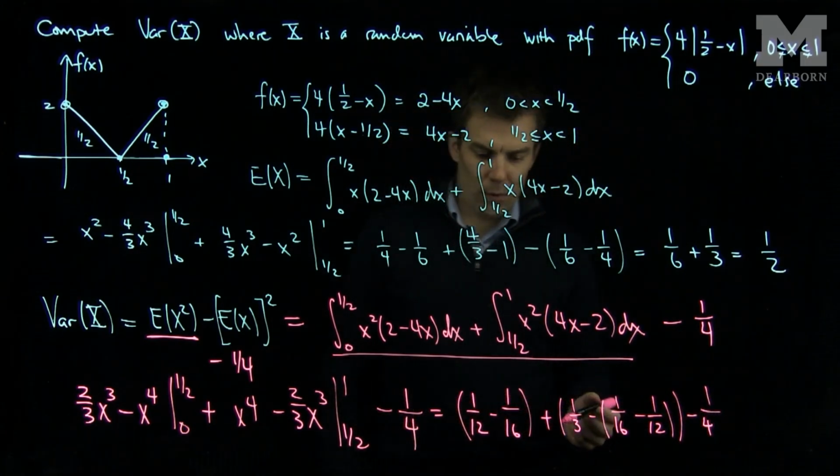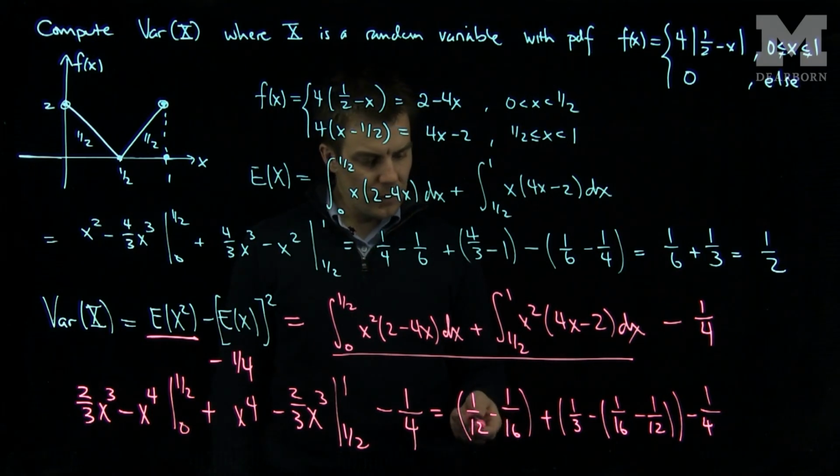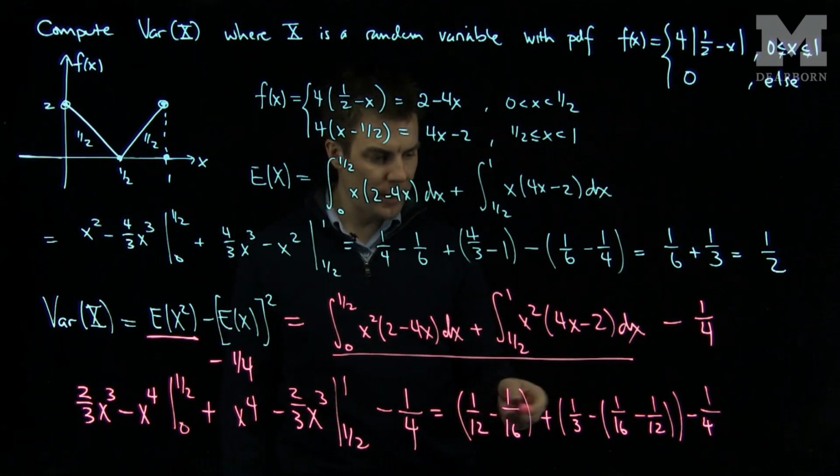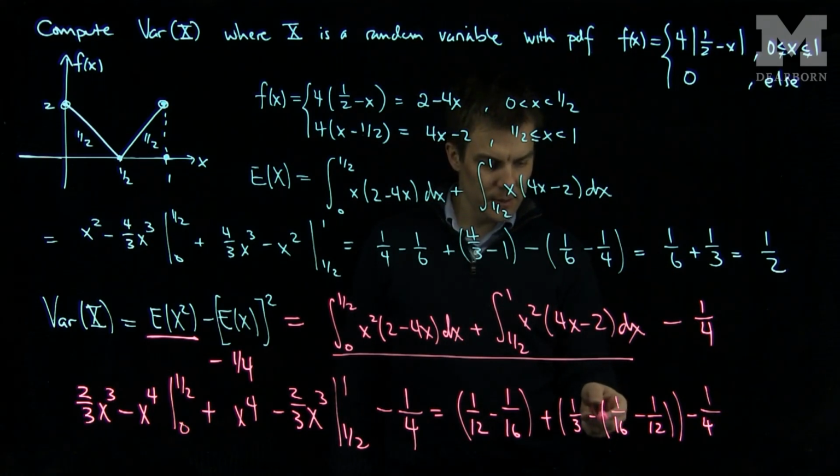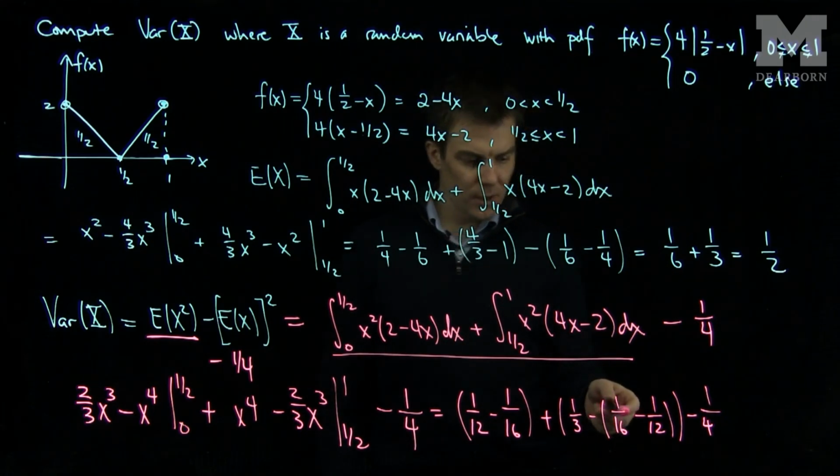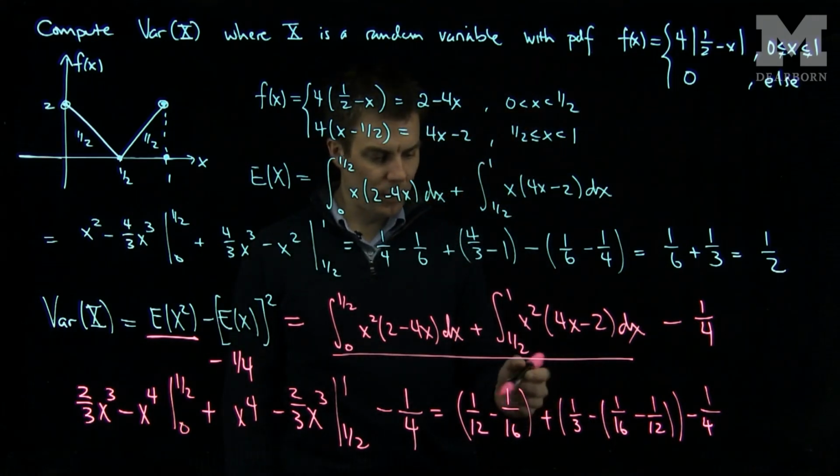And so now let's just do a little bit more bookkeeping over here. We have a 12th, so we'll have to put these in terms of 48ths. So this is 4 over 48, 3 over 48. So this will be a 1 over 48. And then I'll have another 1 over 48 over here. So that'll be 2 over 48, or 1 over 24.